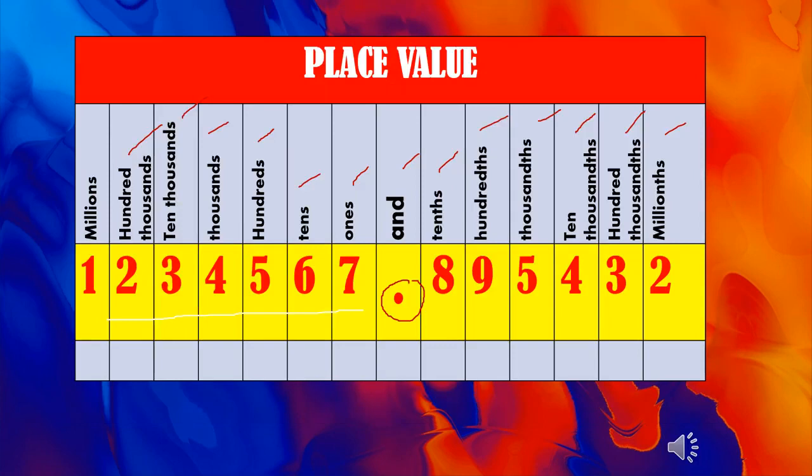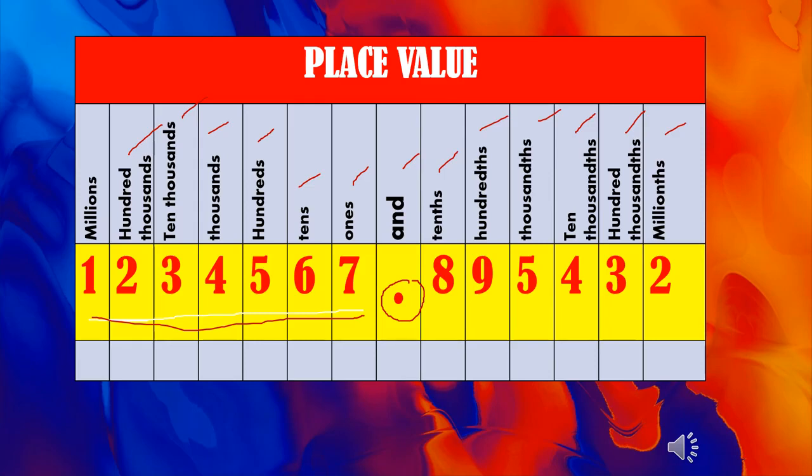Now, this is an example of place value. On the left, we have the place values for the whole number: ones, tens, hundreds, thousands, ten thousands, hundred thousands, and millions. So these are the place values.